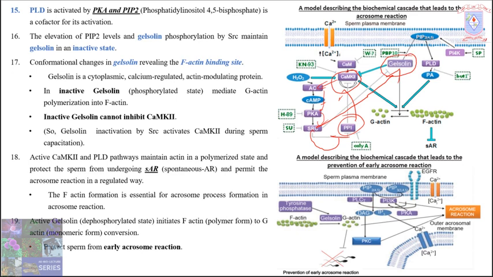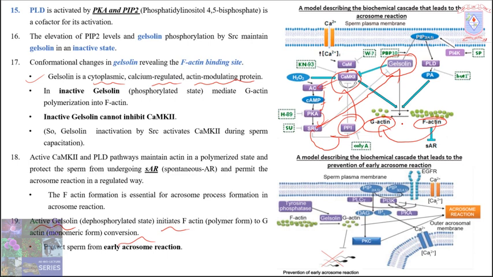But what is the function of gelsolin? Gelsolin is a cytoplasmic calcium regulated actin modulating protein. Actually, the active form of gelsolin initiates the F-actin to G-actin conversion. So, the depolymerization of F-actin is promoted by gelsolin.